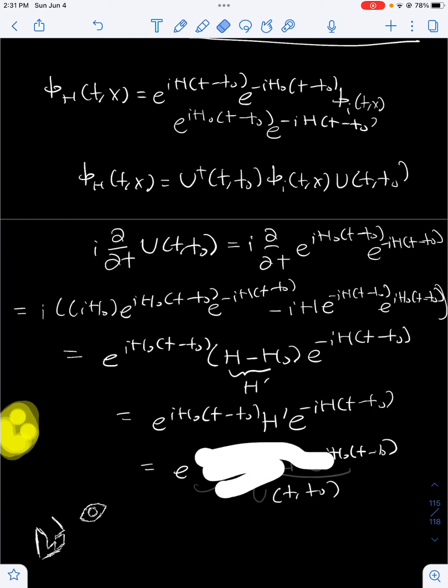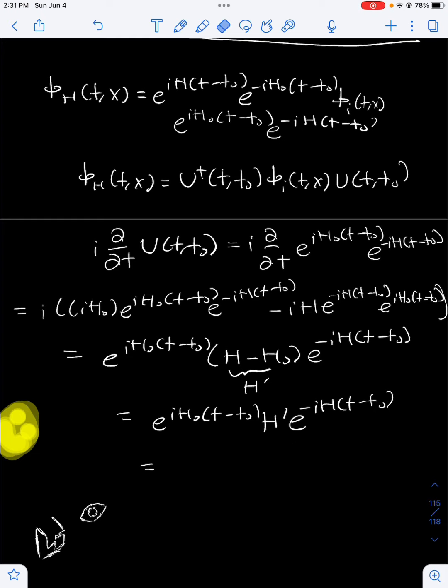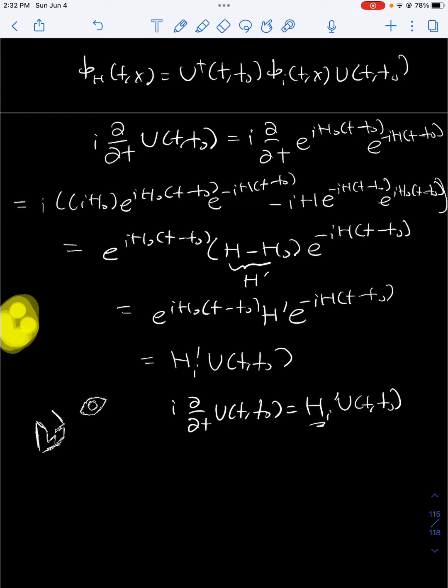And this is just going to be the interacting Hamiltonian in the interaction picture. So you can actually write this out as H prime I, then U of t naught. We know that the interacting Hamiltonian contains a term of lambda phi to the 4 over 4 factorial. Technically, we should integrate it as well, but let me just omit that part.